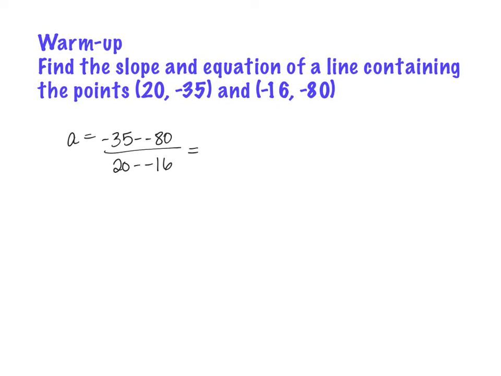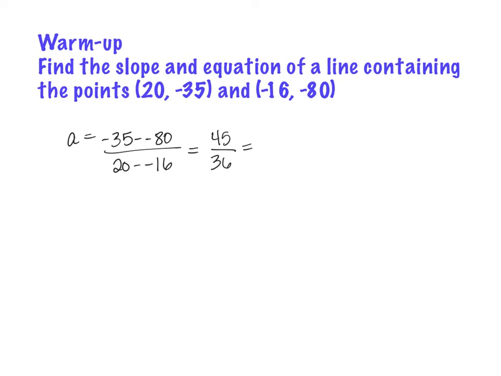So this is negative 35 plus 80, which is going to give me 45. And then 20 minus a negative 16 is going to give me 36.